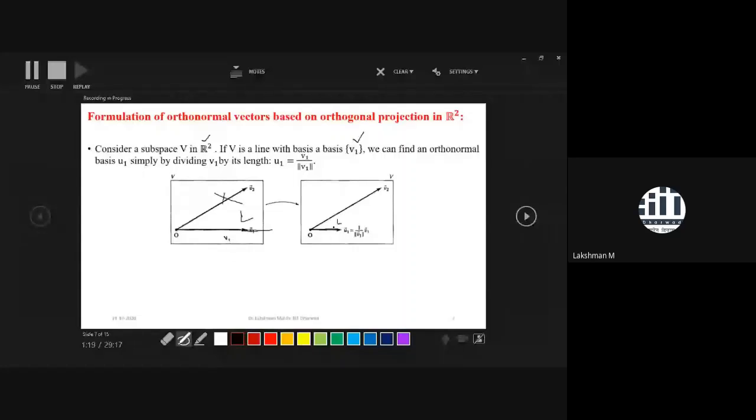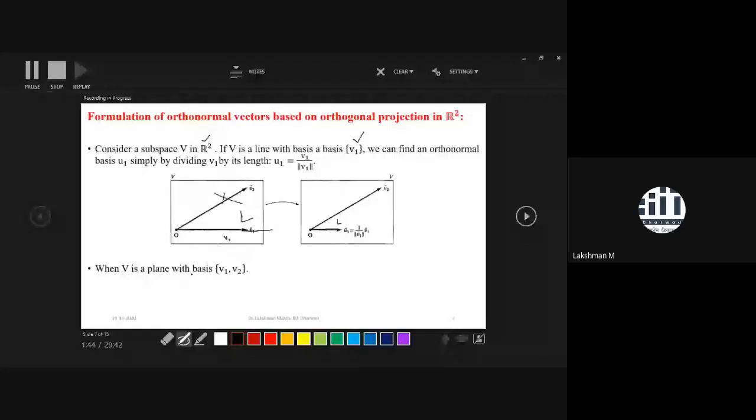U1 is the orthonormal basis of this line. This is the idea of getting an orthonormal basis in a line, because a line has only one basis element, so it is a very trivial job. It doesn't involve much intuition regarding orthogonality. So we will go to the plane. If you take a plane, that means complete R2.